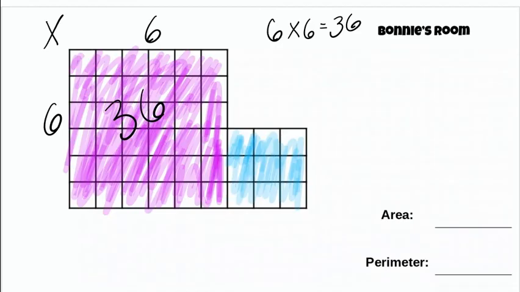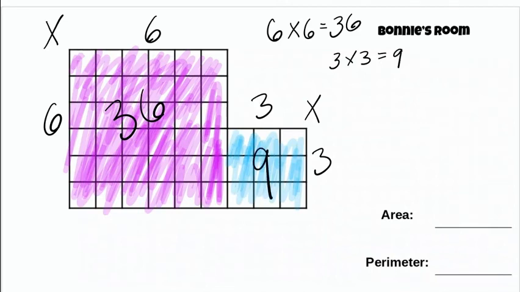And now I have found another rectangular section here, highlighted in blue, and it has 3 rows with 3 in each row. So 3 rows of 3, same thing as 3 times 3, which equals 9.